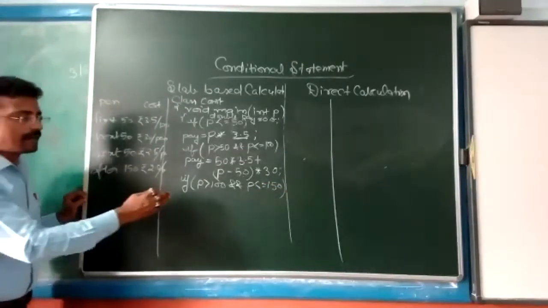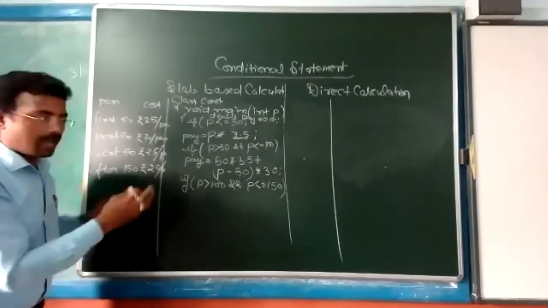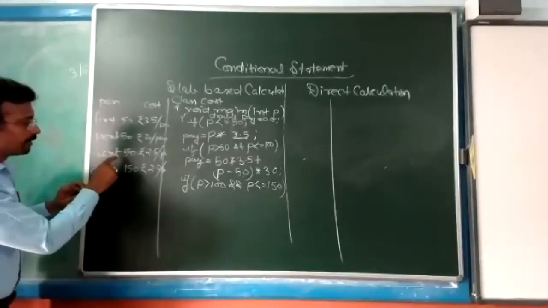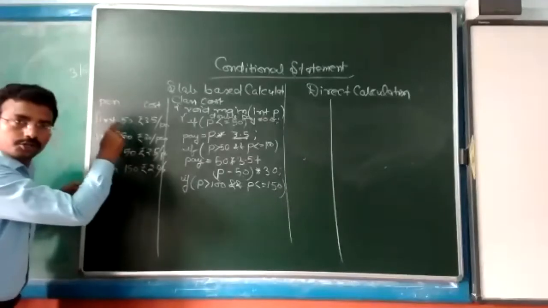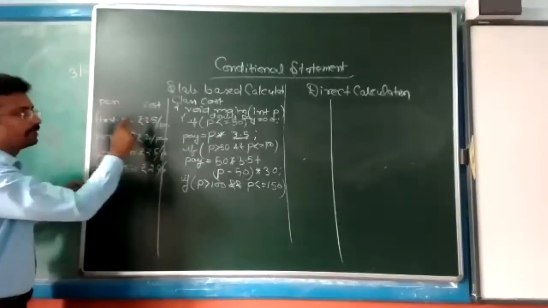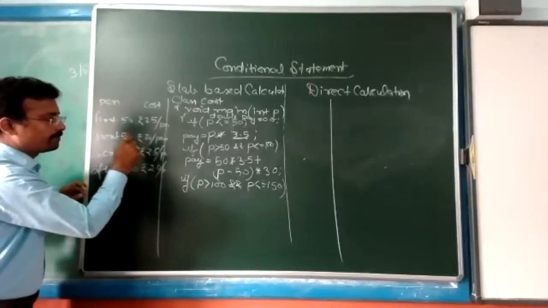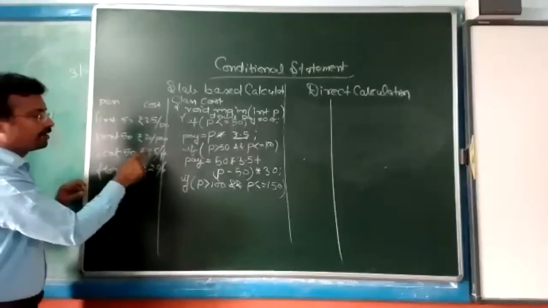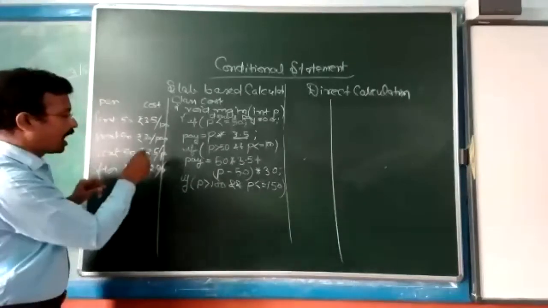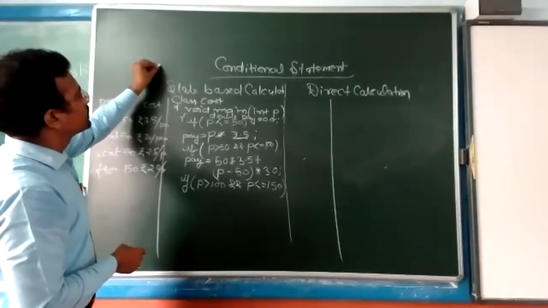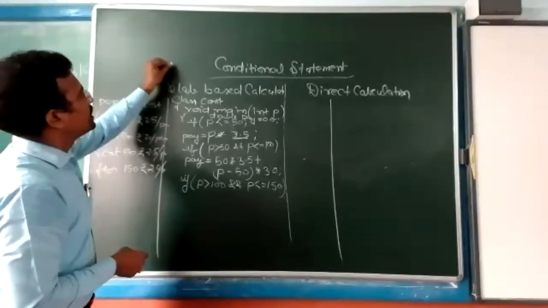Now you are going to handle the third slab. The first 50 should be calculated by 3 rupees 50 paise, the second slab should be calculated by 3 rupees, and the third slab will be 2 rupees 50 paise. How will you handle it? Suppose I say our given value is 115.